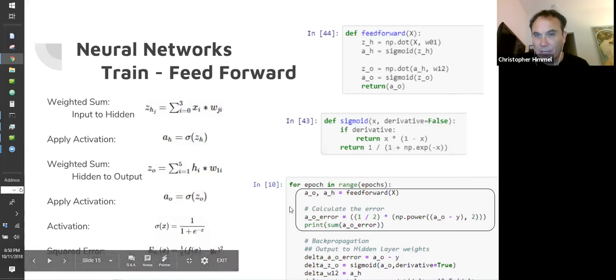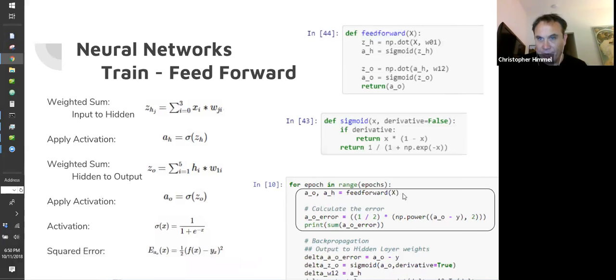So that's this line of code here: AO and AH equals feed forward of x. We pass in our x input, and at the very end we get AO, the very output of our network. We also threw in the output of our hidden layer, and we'll get to later why we did that.